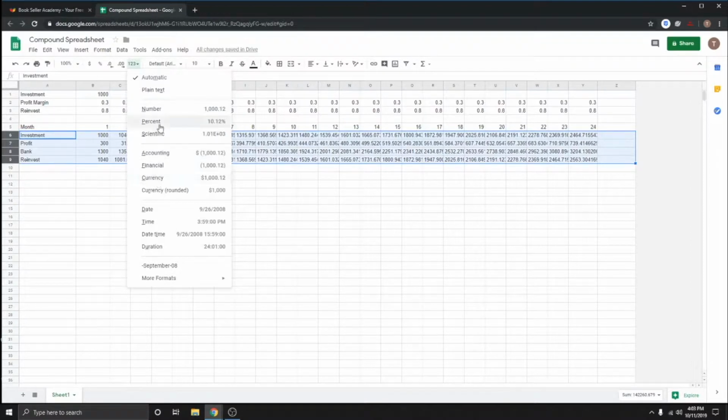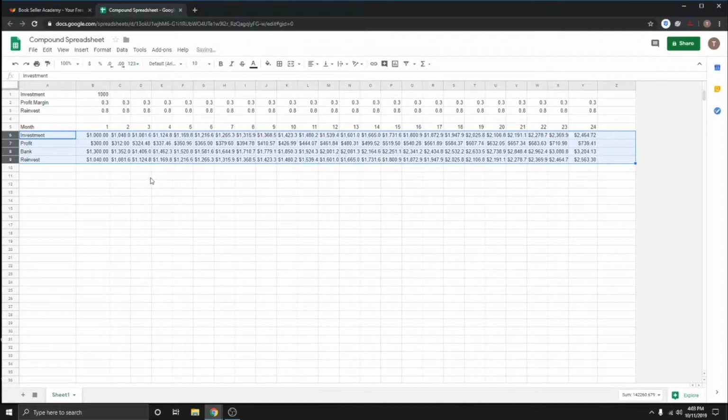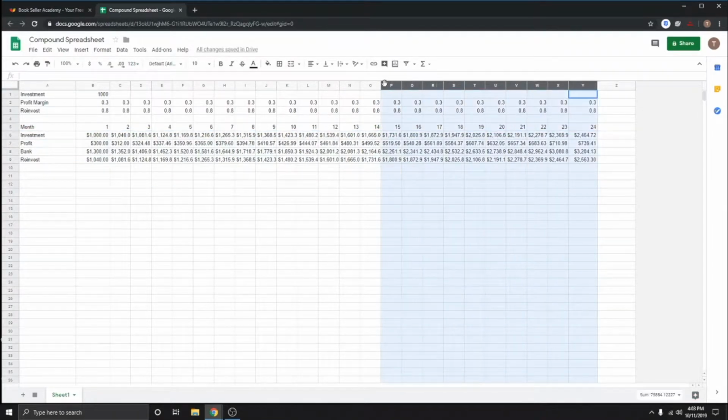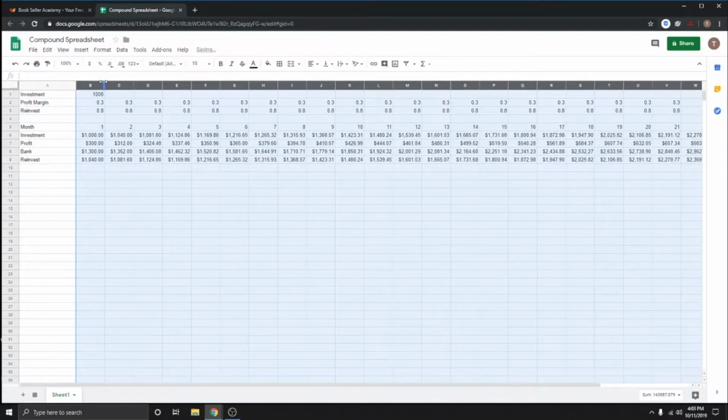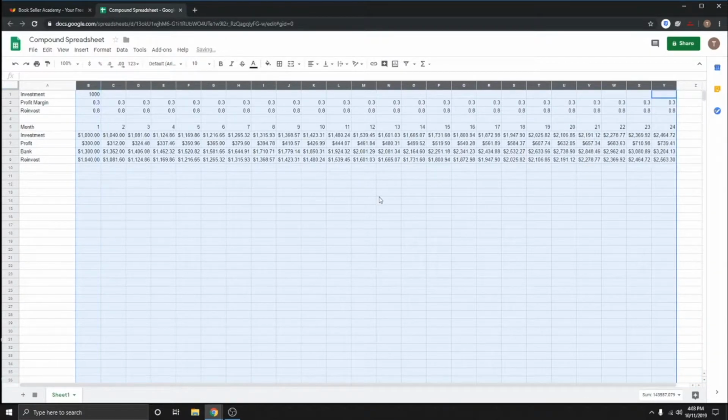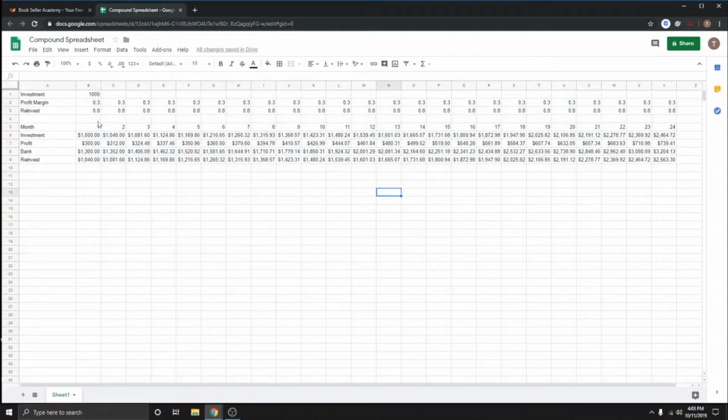what do we need to change this to? Let's change it to a currency. Let's make this so we could see it a little bit better. All right.